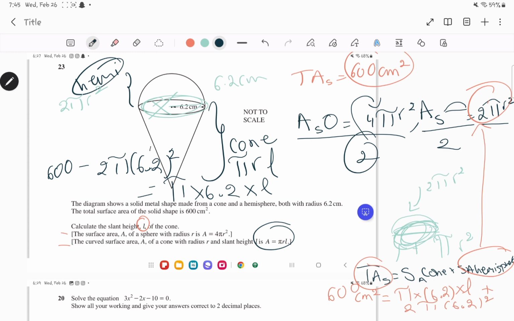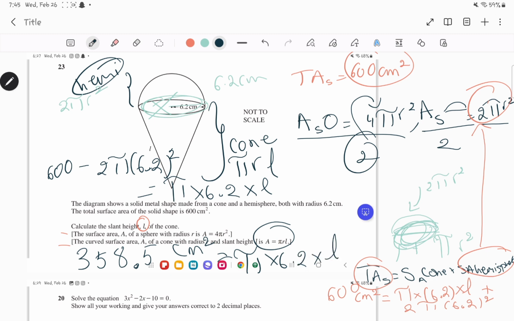If you put on your calculator 600 minus 2 times pi times 6.2 squared, you get approximately 358.5 centimeters squared, which is equal to pi times 6.2 times the slant length.